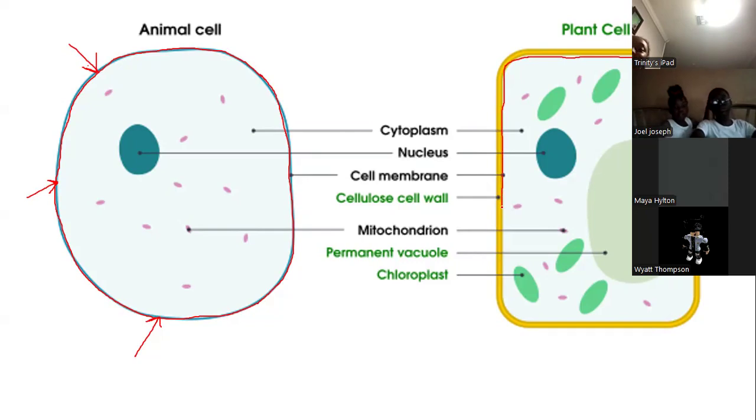Again, what do we call the structure that surrounds the cell? Cell membrane. What's another word for cell membrane that we could use? Gatekeeper. Very good. It's the gatekeeper.